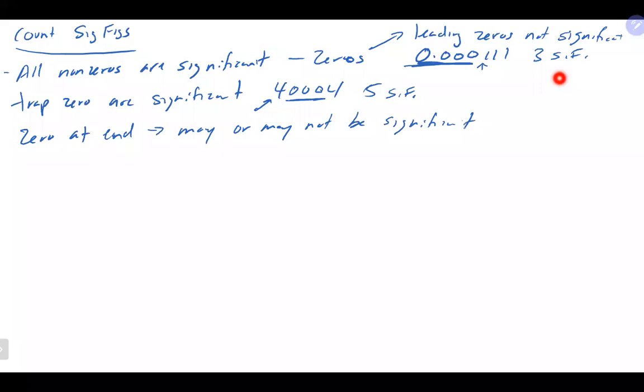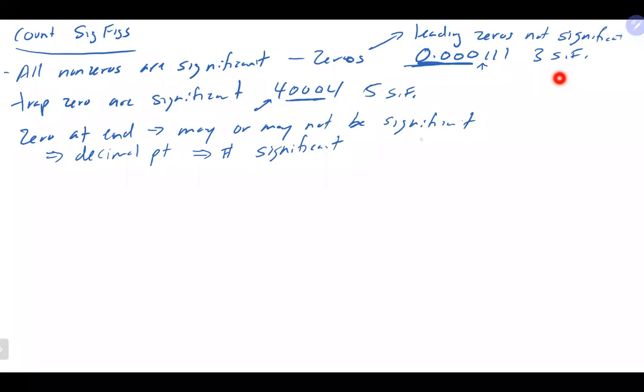What determines if they are significant, right, is whether or not there is a decimal point in the number. So if there is a decimal point, then the zeros would be significant. And remember that the decimal point does not need to be right next to the zeros or anything like that, but just needs to be anywhere in the number. Obviously, if there is no decimal point in the number, then they are not significant.